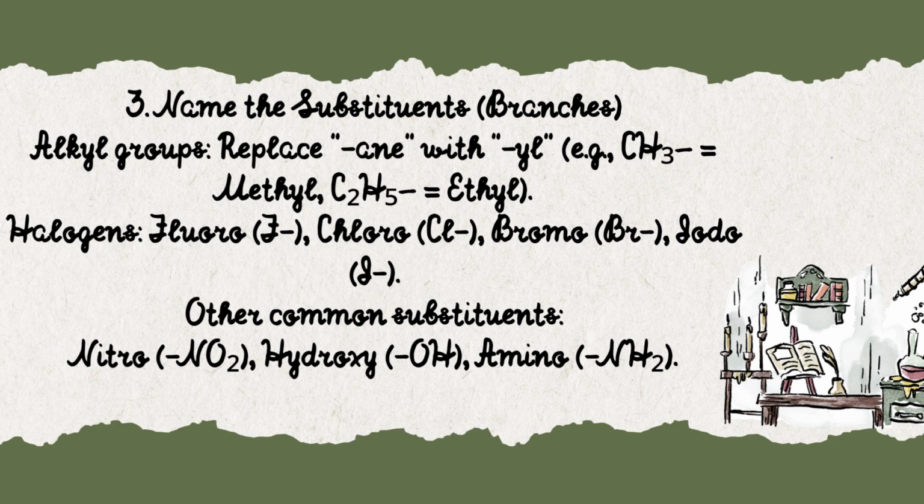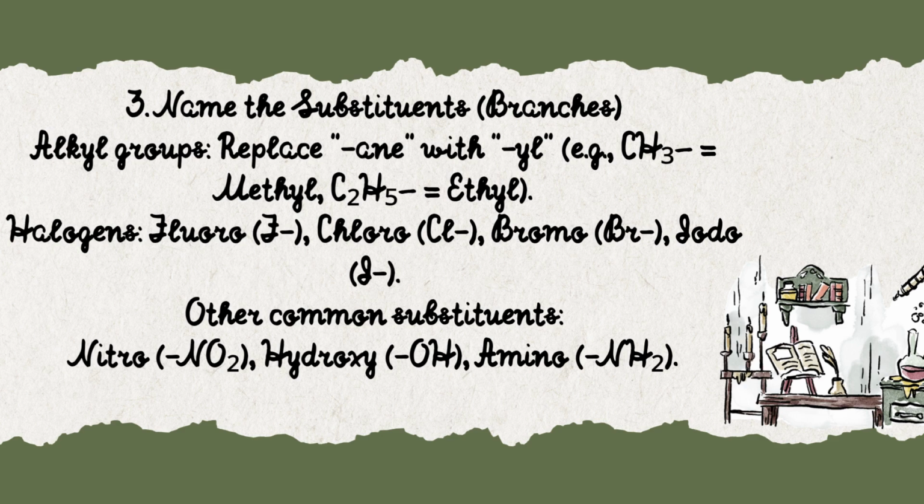So students, after the identification of the parent chain, it's time to name the substituents, that is the branches attached to that parent chain. These are mostly alkyl groups which are named by replacing the ane with yl.